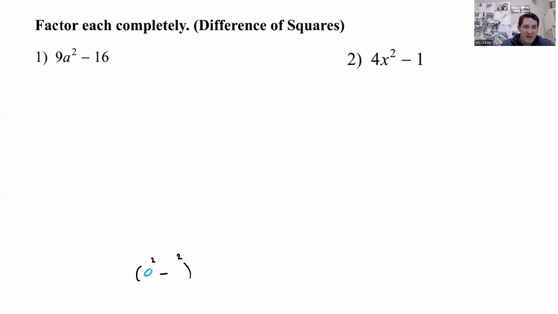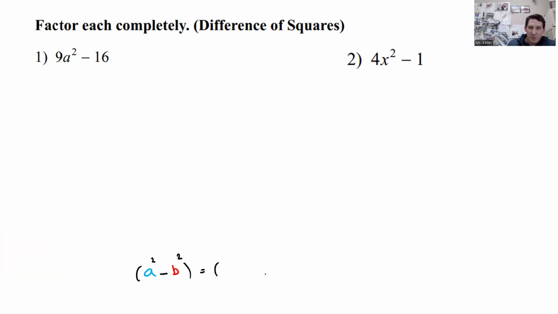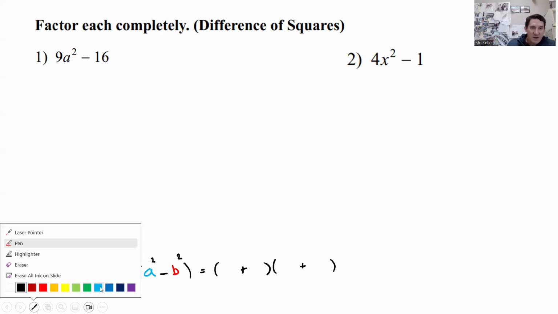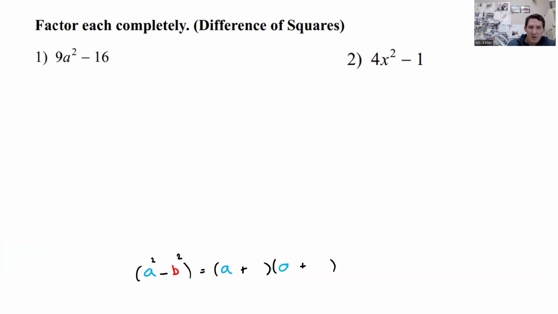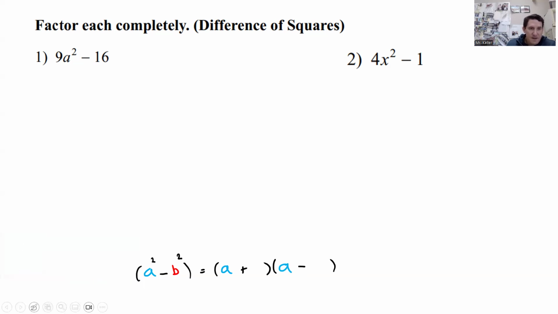So if we have a squared minus b squared, where it's a perfect square minus a perfect square, that is going to be equal to the square root of the first one plus or minus the square root of the second one. And that's supposed to be a minus. So a squared minus b squared factors to a plus b times a minus b.